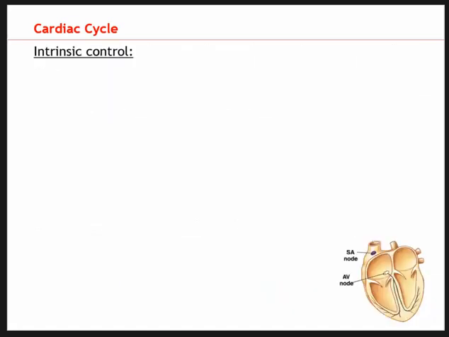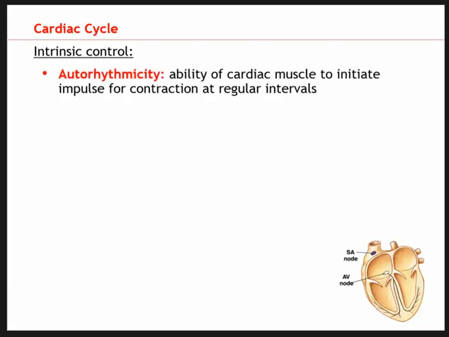Let's talk about what controls this process. We have intrinsic control and we have extrinsic control. Let's discuss intrinsic control first. The word intrinsic just means to come from within. So this is control within the heart and it's called autorhythmicity, the ability of cardiac muscle to initiate impulses for contraction at regular intervals.